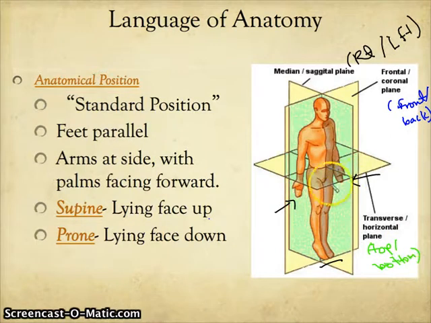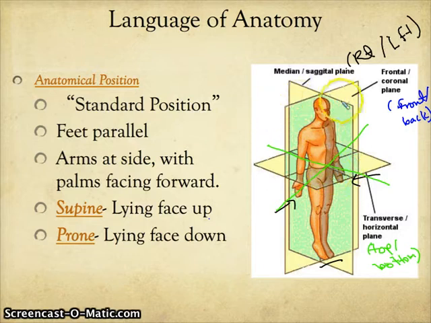What's interesting about the frontal and the sagittal plane is that they can be at any point in that direction. The transverse plane can also be oblique, and that's still a transverse plane. As long as it comes across in any direction, if we transect the body into top and bottom, that's a transverse plane.